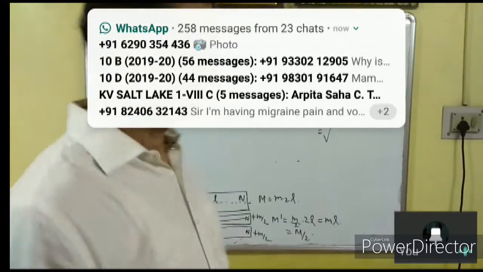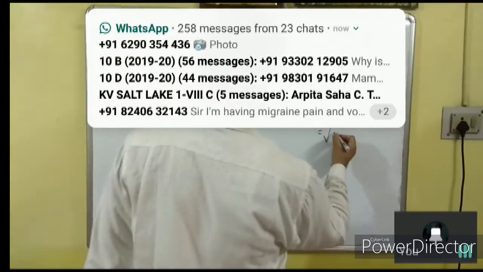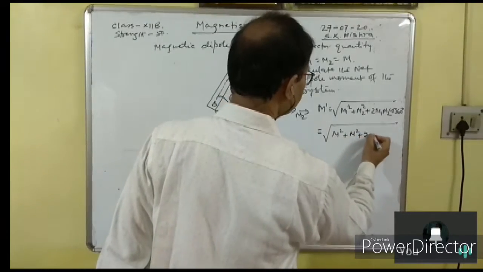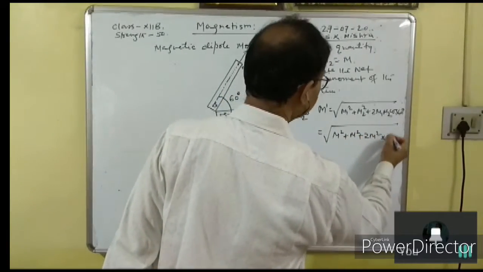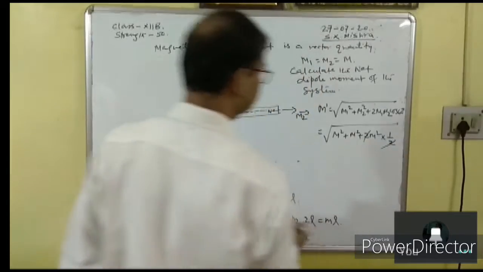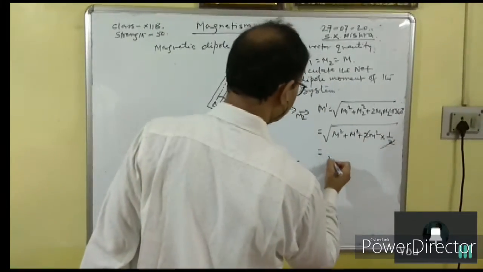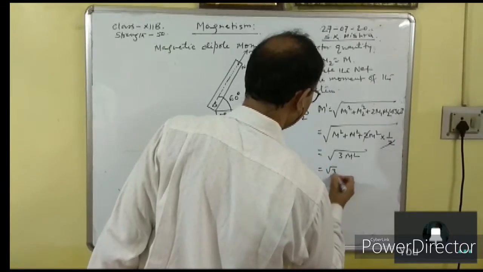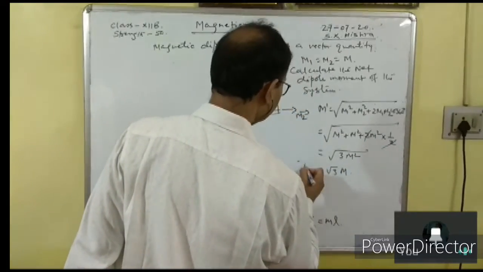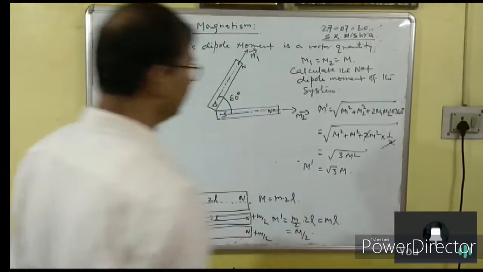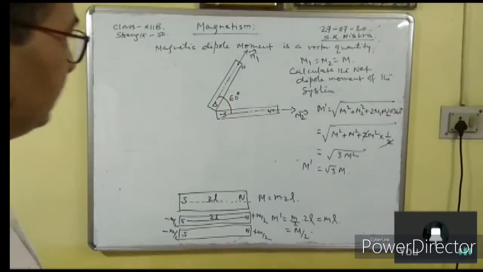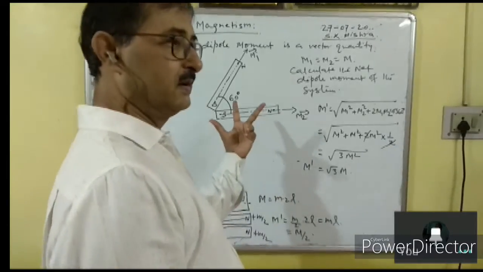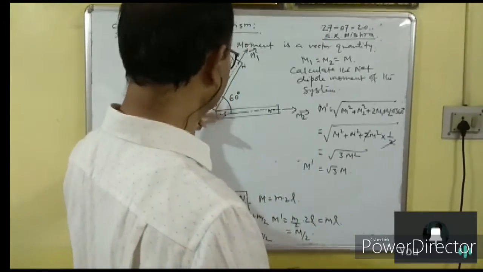The geometrical axis sometimes differs from the magnetic axis, because the geometric axis is the line which divides the magnet into two equal parts along the length. But the magnetic axis may be different from that one. In most cases they coincide, but in some cases they may not. So M1 equal to M2, and the angle between their axes is 60 degrees.